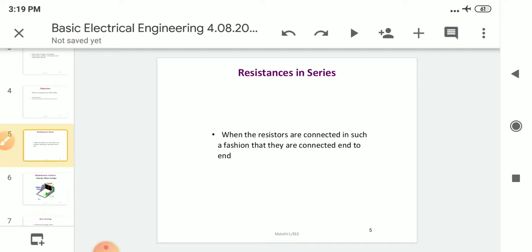Because of that, it is necessary to reduce these circuits into a simplified form. The techniques of reducing these circuits to simple forms are known as simplification techniques. There is a set of rules for finding the equivalent resistance of series and parallel connections of resistors.